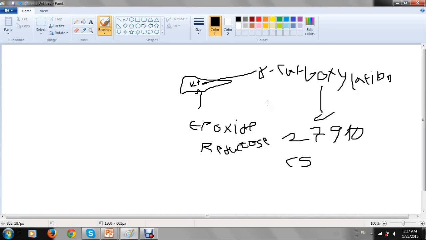I also want to talk about factor C and factor S. Basically, they are used to inactivate factor 5 and factor 10.